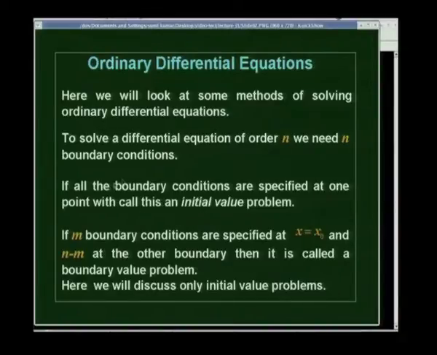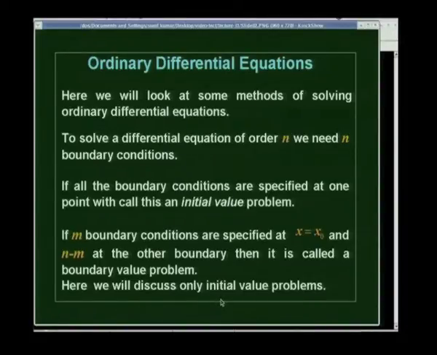It can be anywhere, but at the one point where we start the integration, if all the values are specified, then it is called an initial value problem. If m of the boundary conditions are specified at the starting value x equal to x0, and the rest, n minus m, where n is the order of the equation, at the other boundary, then it is called a boundary value problem.